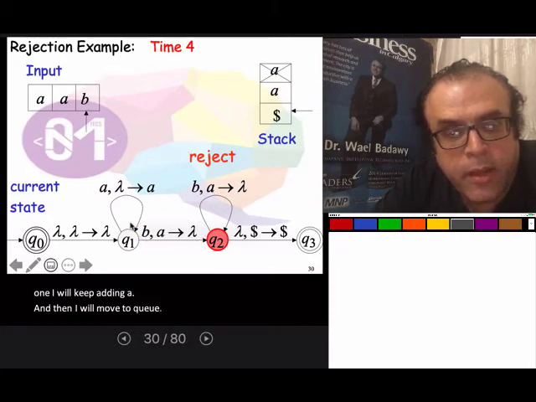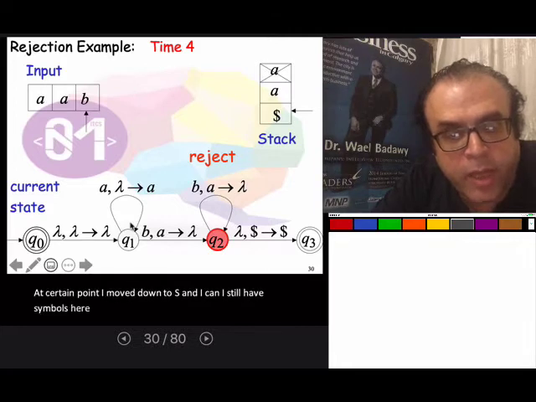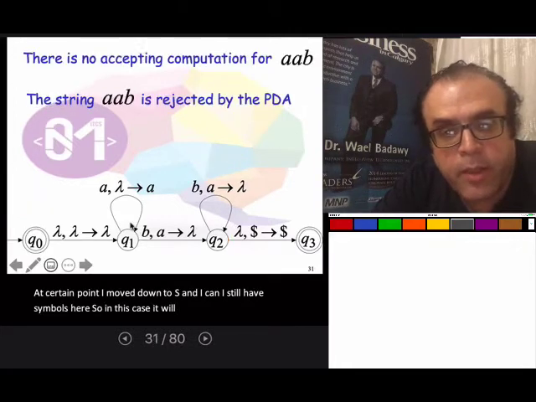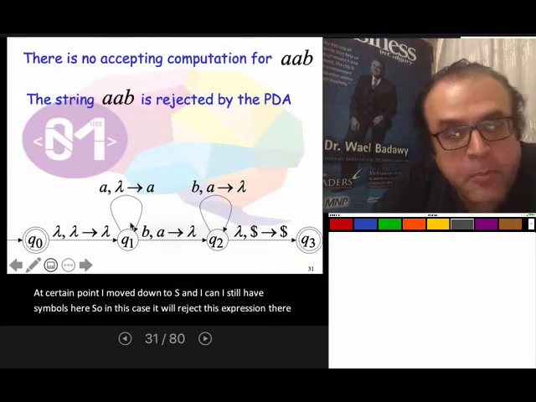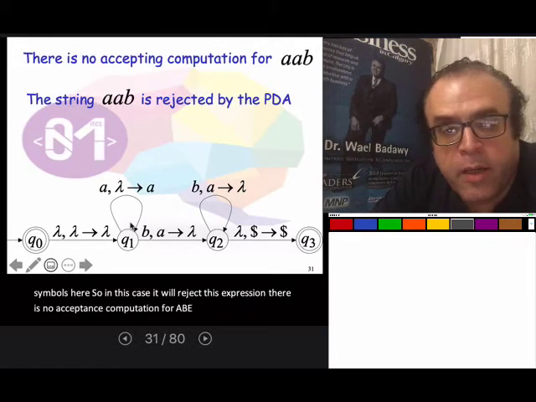Then at a certain point I move down to S, and I still have symbols left. So in this case it will reject this expression. There is no accepting computation for AAB. The string AAB is rejected by the pushdown automata.